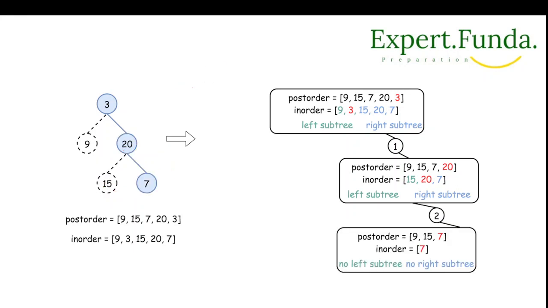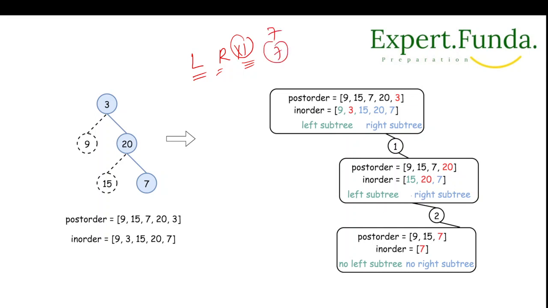Now we have 15, 20, 7, right? Now we have the post-order. So first we have 9, 15 and 7. So left, right and node. So this is our post-order. Left we have is 9, right is 15, and the node we have is 7, and the in-order traversal also has 7.